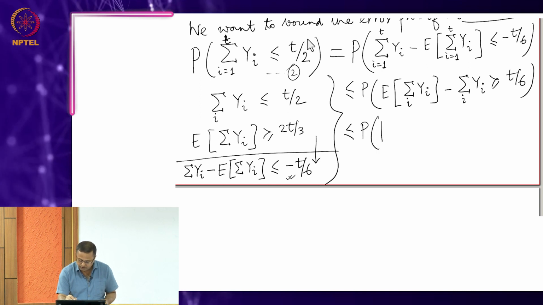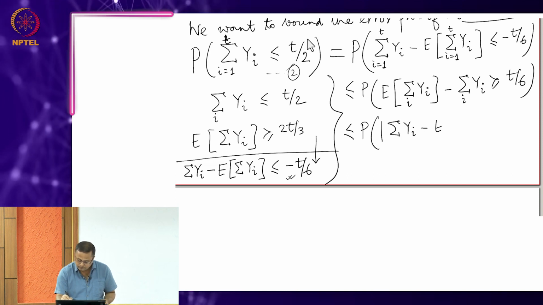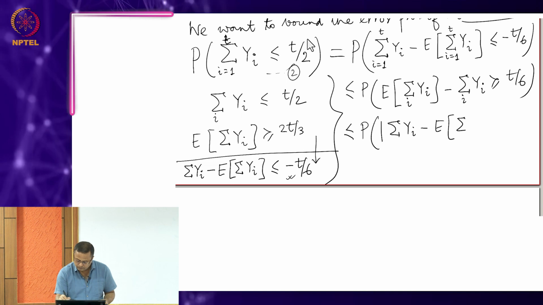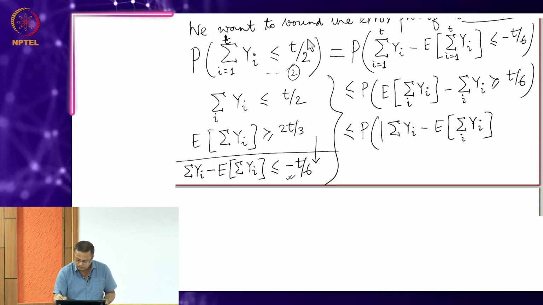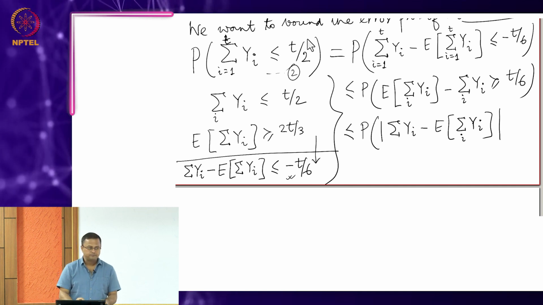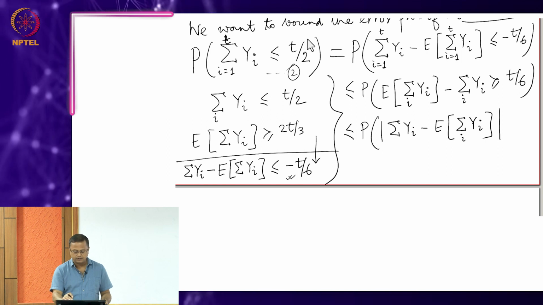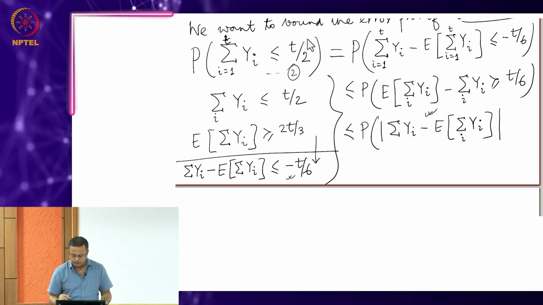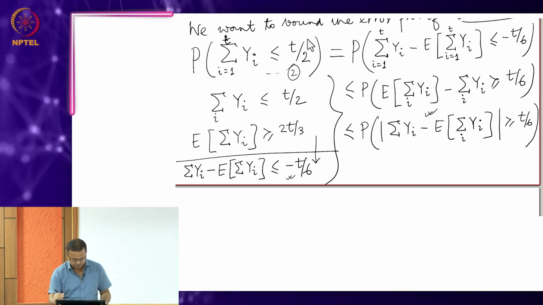Now it's perfectly in the form of Chernoff. I take a mod, so it's something more. So the probability, this probability would be greater than or equal to the previous one, greater than or equal to t by 6.